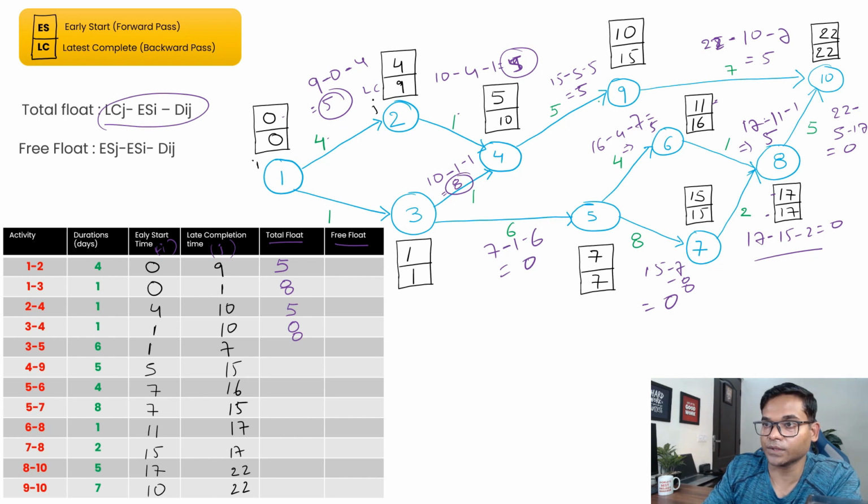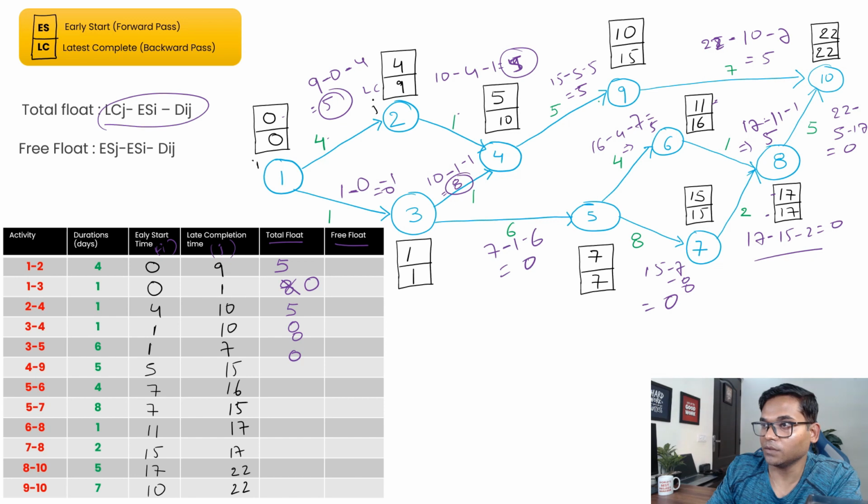So we need to calculate this. So 1 minus 0 minus 1, which is 0. So that should be 0. Okay, 1 to 3, this was 8. And then 3 to 5, 3 to 5 is 0.